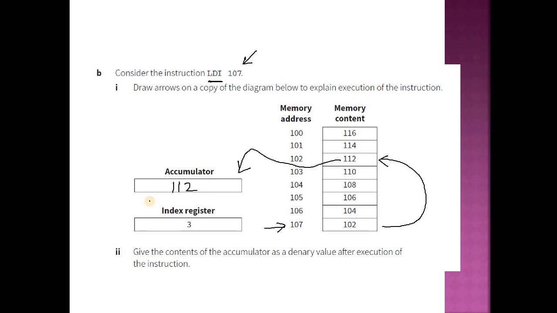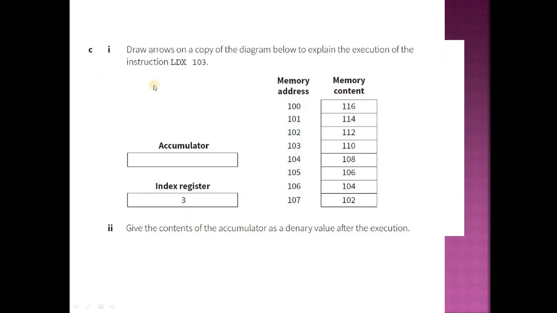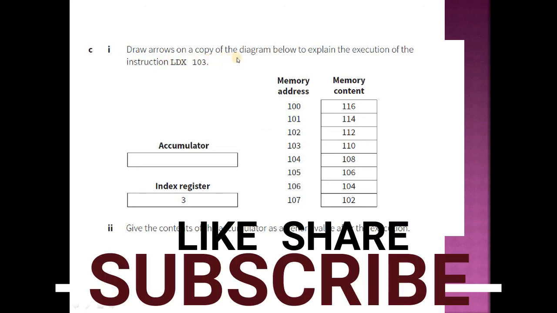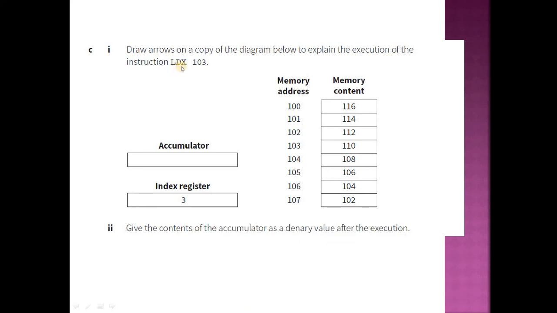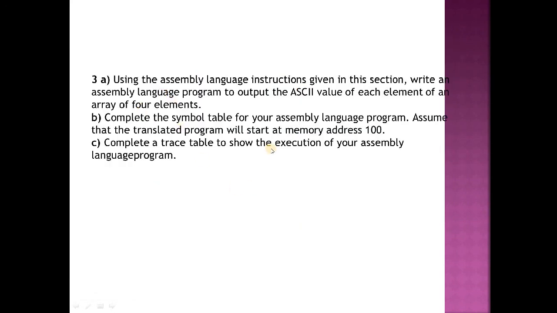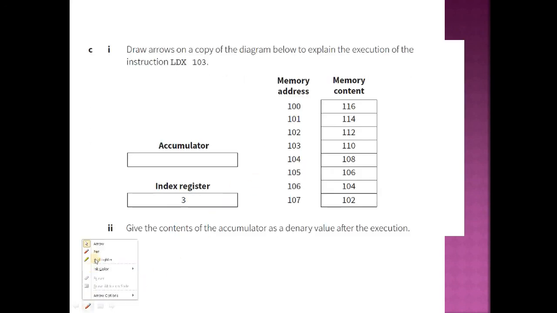In part C, draw an arrow on a copy of the diagram below to explain the execution of the instruction LDX 103. The value of the index register is 3 and the value of the operand is 103. This is the address. So both values will be added, and this is now 106.